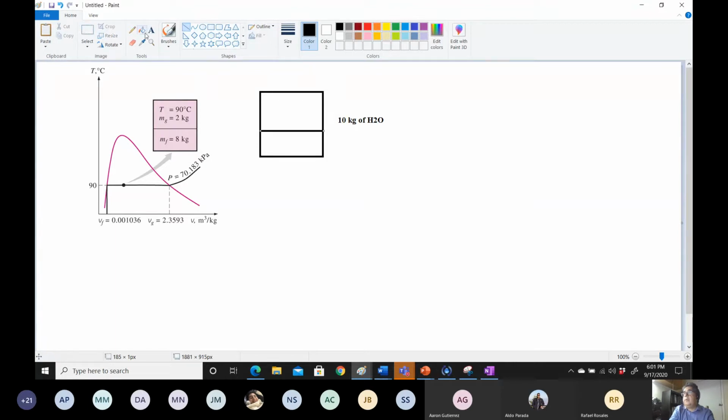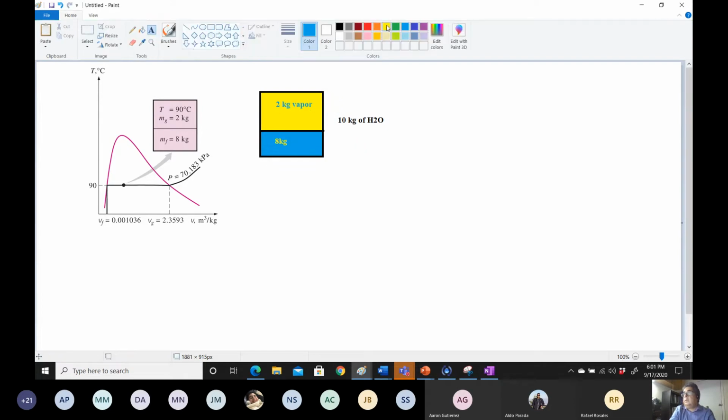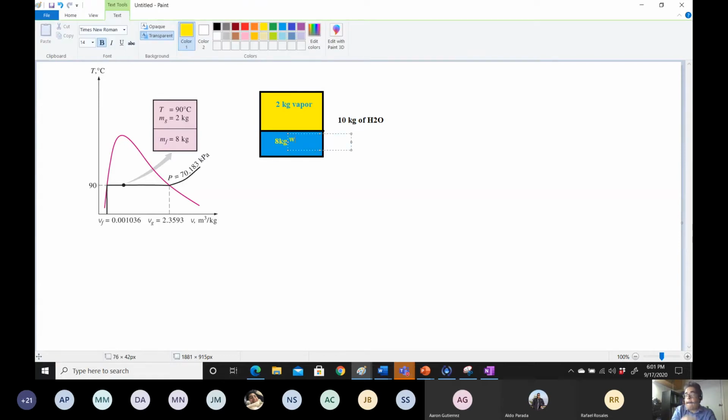At the bottom we have water, and at the top, I'll say yellow for vapor. The bottom has 8 kilograms of water, and the vapor, given the total is 10 kilograms, has to be 2 kilograms.